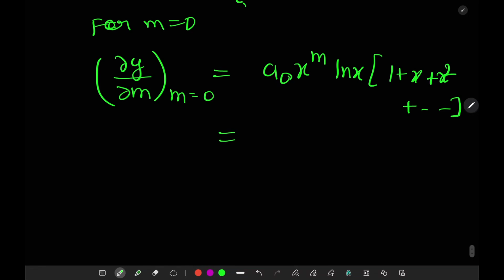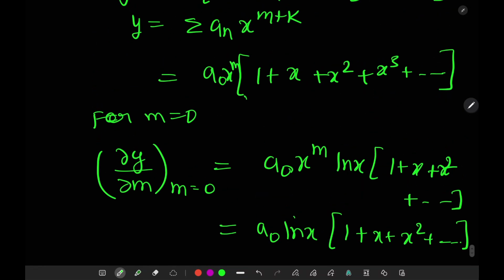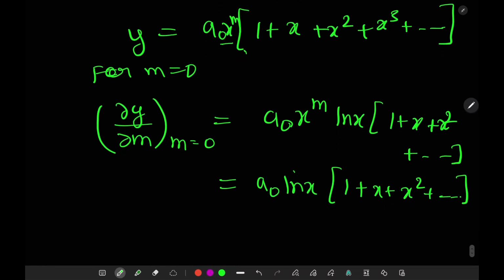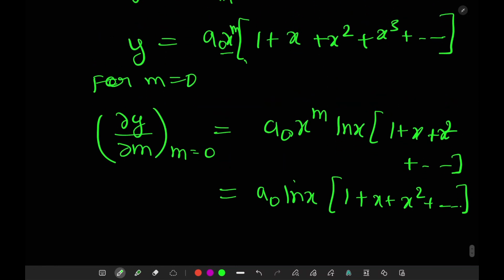For the value of m equal to 0 we can write here, you can see only x raised to power m is variable, so this whole term is constant. That's why it is equal to ln x raised to power m ln x.